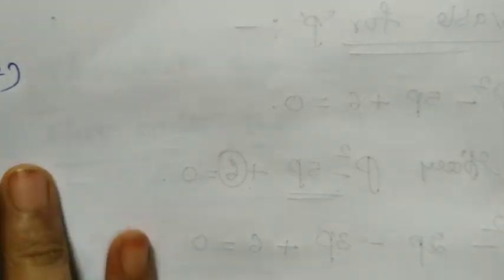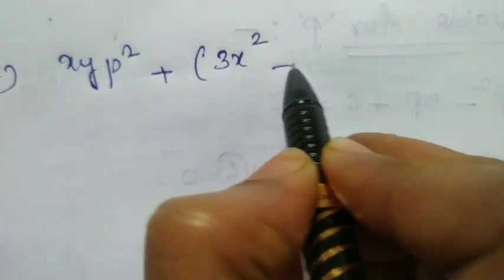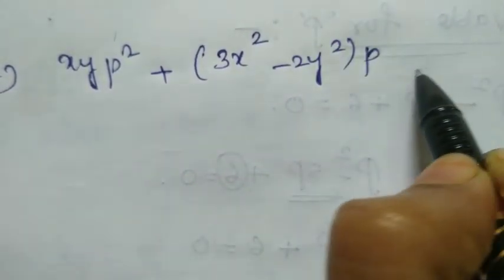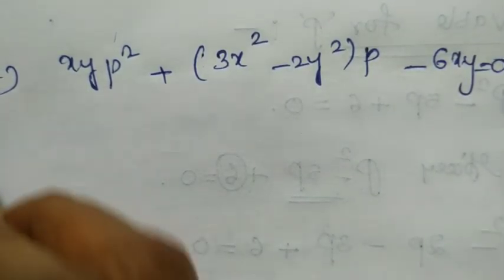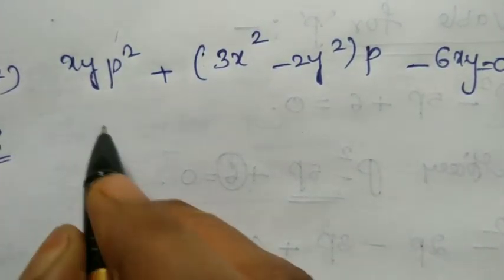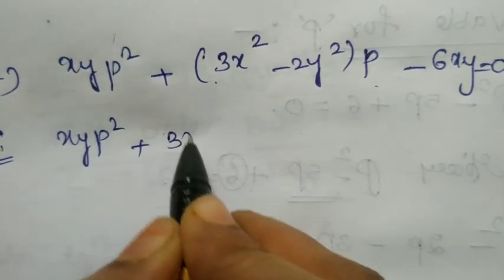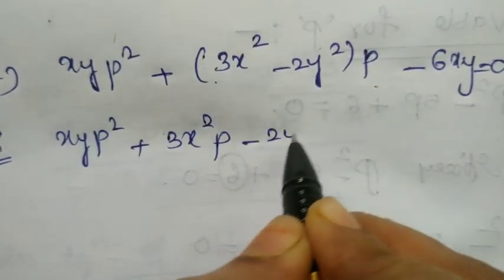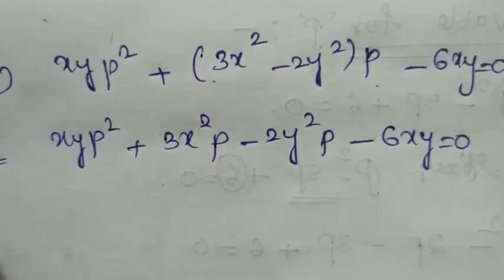Next problem: xyp square plus 3x square minus 2y square into p minus 6xy equal to 0. So xyp square plus 3x square p minus 2y square p minus 6xy equal to 0.